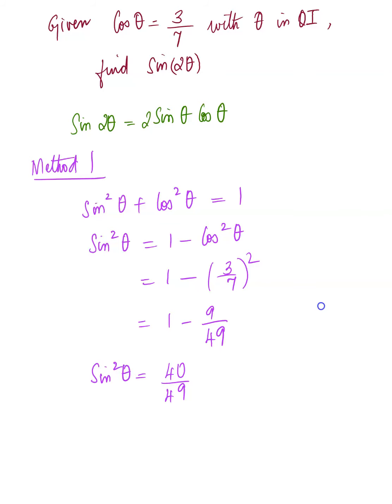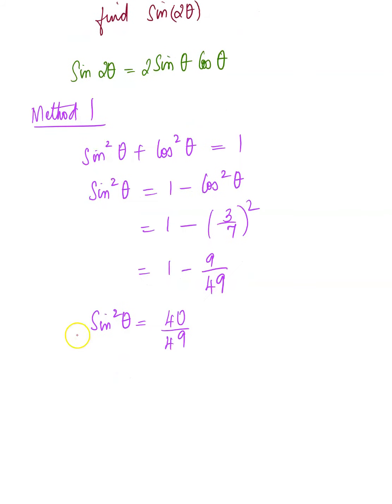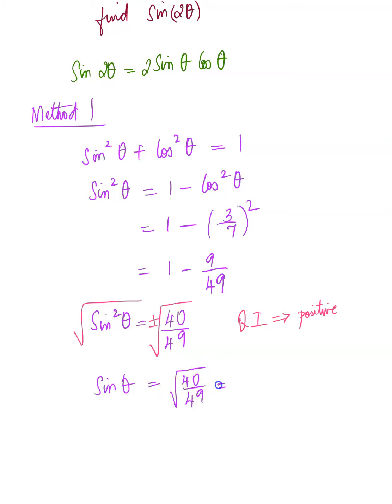Now I have to take the square root on both sides. And because this is in quadrant 1, the functions are positive, so sine theta will be a positive value. So you have a positive square root of 40 over 49.